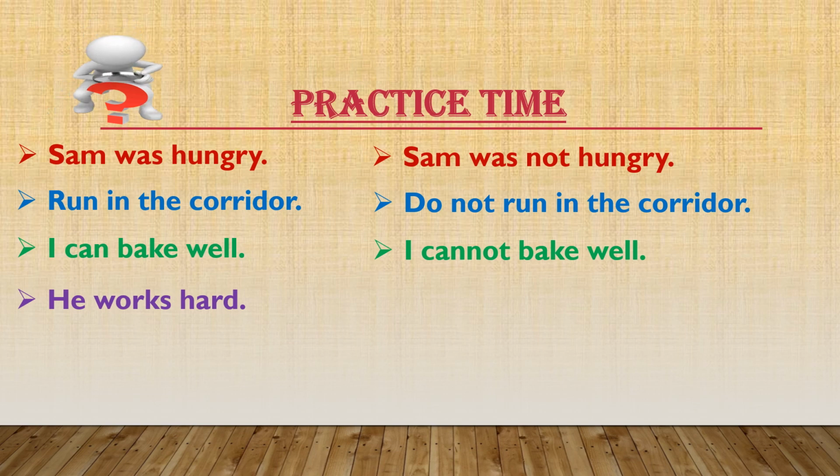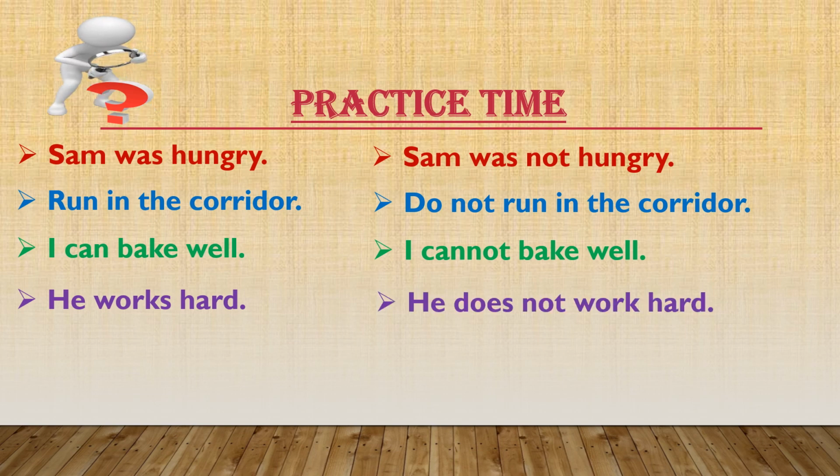The verb here is works. What is its root form? It is work. And now step number 2. What is the subject here? Subject is he and that is singular. With singular subject, we use does not. So your answer will be he does not work hard.